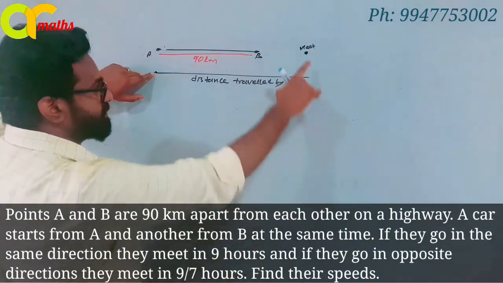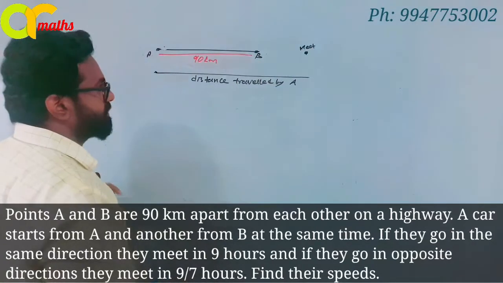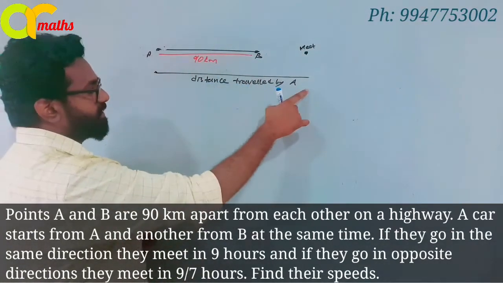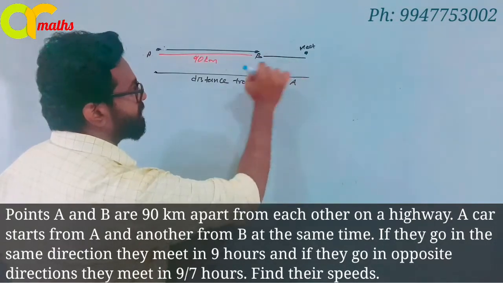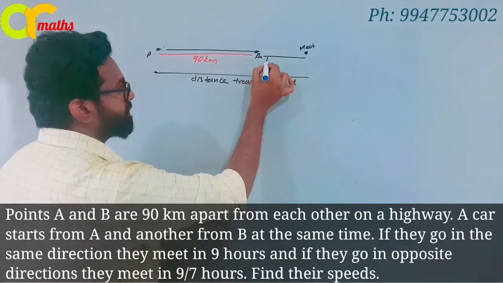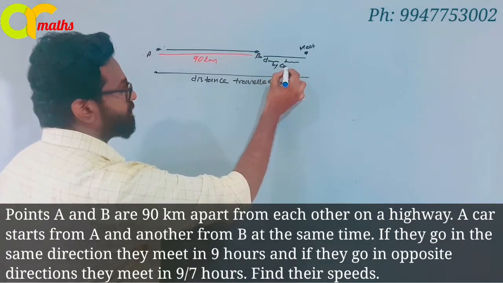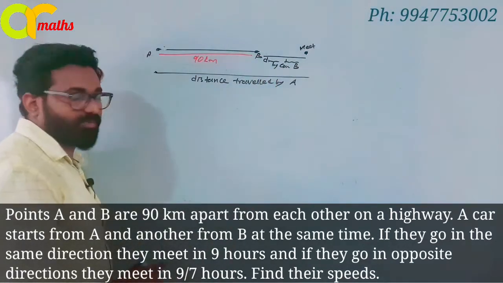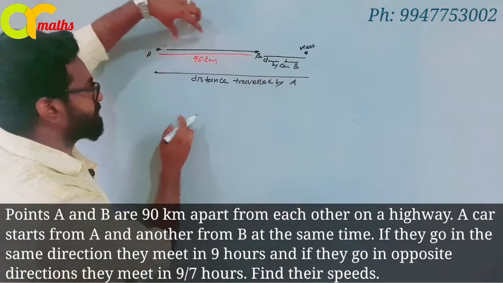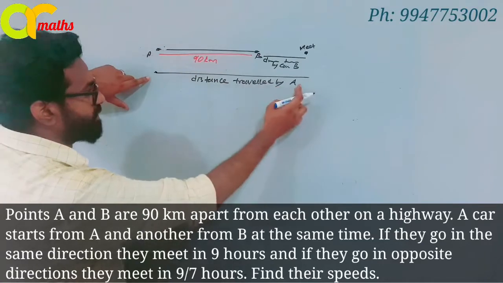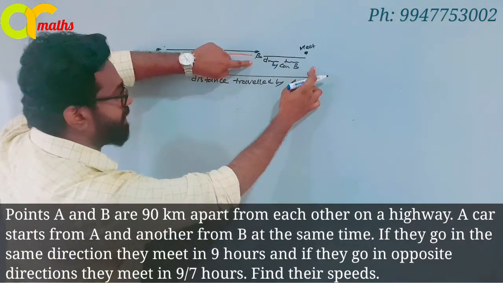Here this is the distance travelled by car B. So the distance travelled by A is equal to 90 plus the distance travelled by car B.